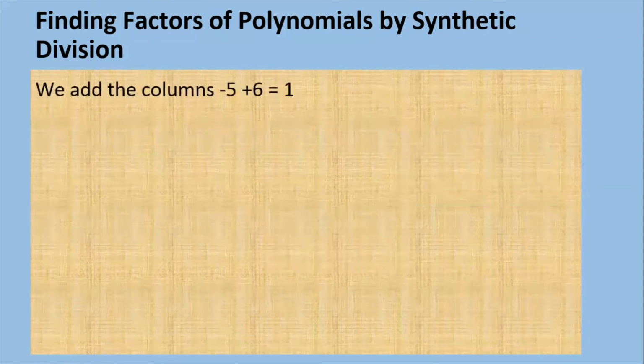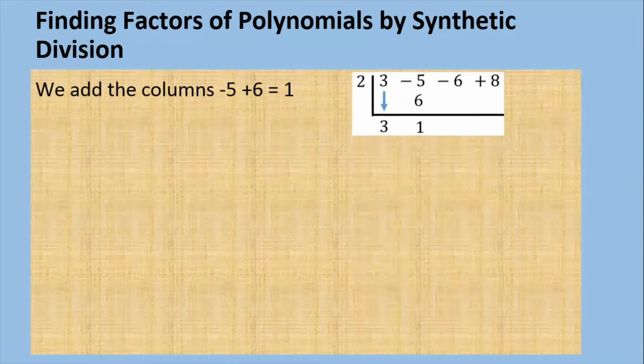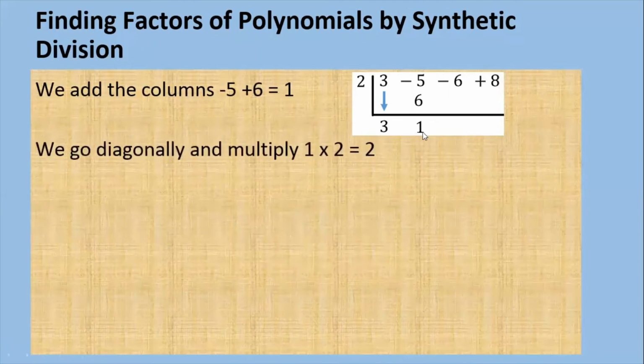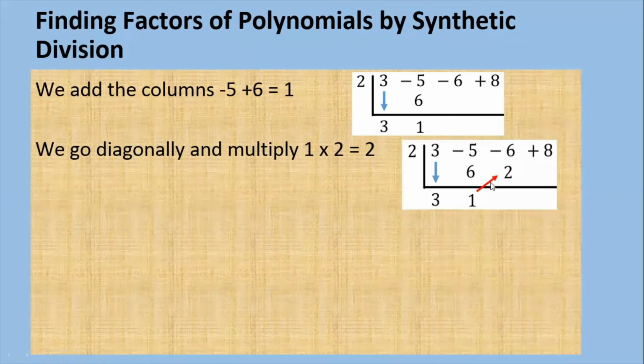Well, you will add the columns. Minus 5 plus 6 is 1. Right. Now what do we need to do? Same thing again. So you will multiply 1 times 2 and you will place it diagonally. So 1 times 2 is 2. You place it here. What do we need to do now? You will add the column. So that will be minus 6 plus 2, which will be minus 4.